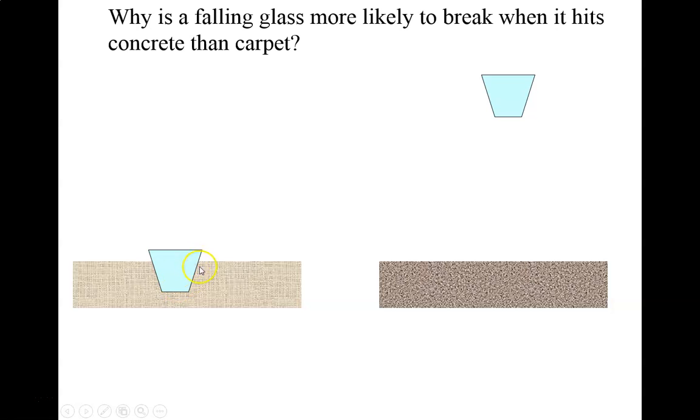It'll deform, and in deforming, it's extending the time over which the glass is slowed to a stop. So again, extending the time decreases the force, as opposed to coming to a stop very, very quickly with the concrete not deforming at all. There's also the fact that in deforming, it's also cradling the shape of it and increasing the area of contact over which the force is applied, which decreases the pressure. So there's also that factor too.